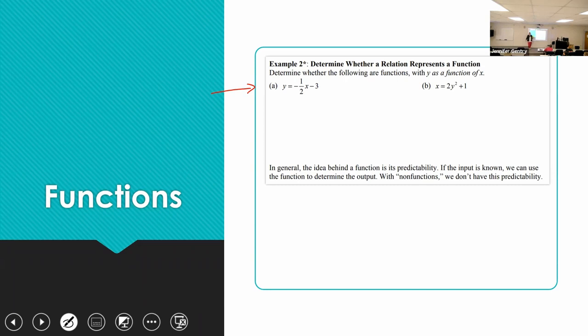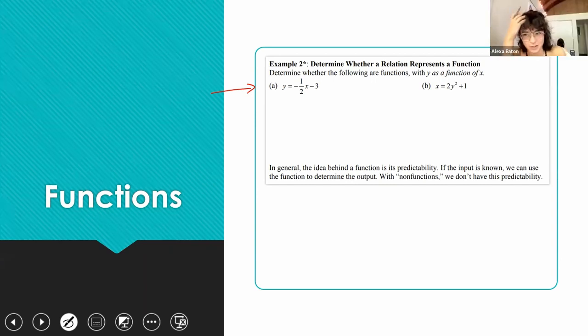Okay, why is it a function? Is it just because there's only one y for that x? Yeah.